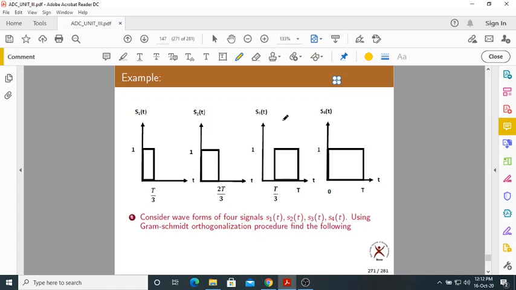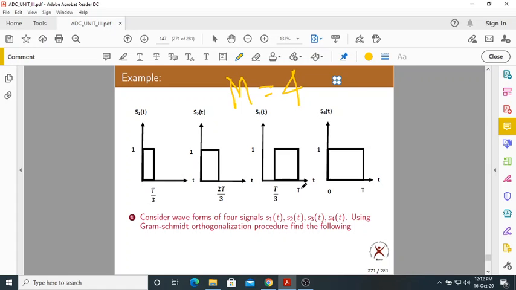Obviously, they are less than or equal to 4, because capital M, the number of energy signals, is 4. You have to find out whether they are equal to 4 or less than 4, that is, the exact number of basis functions that we need.